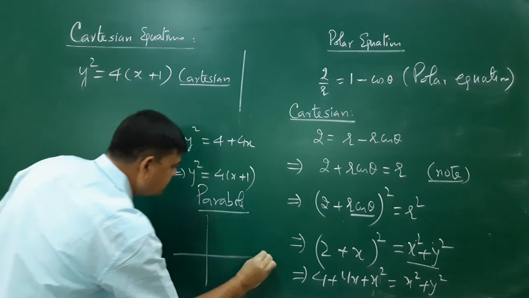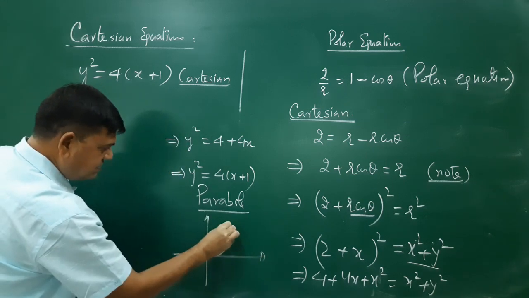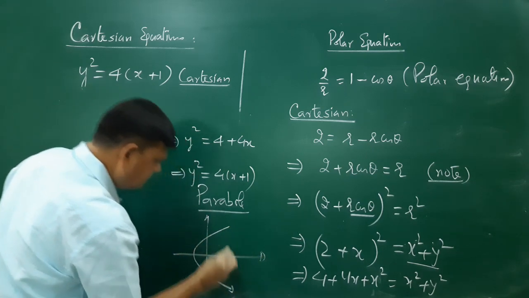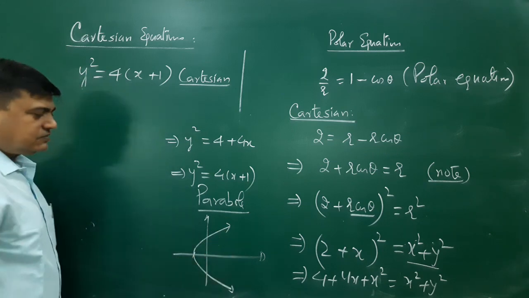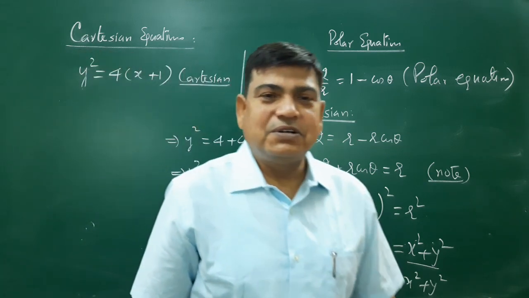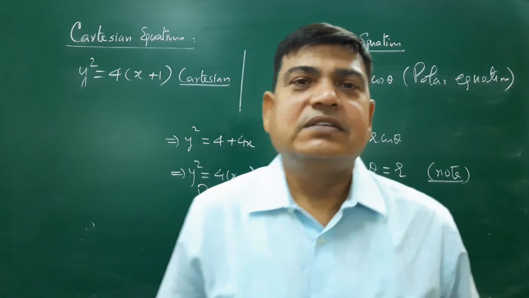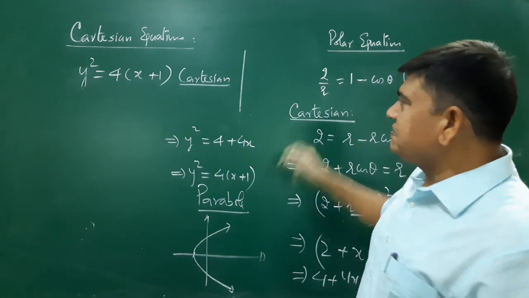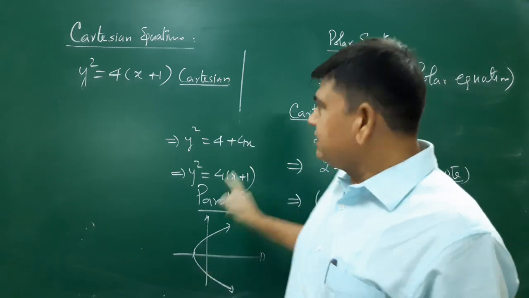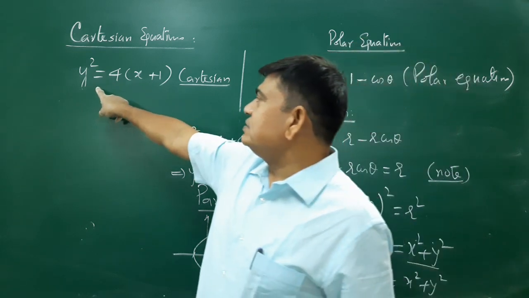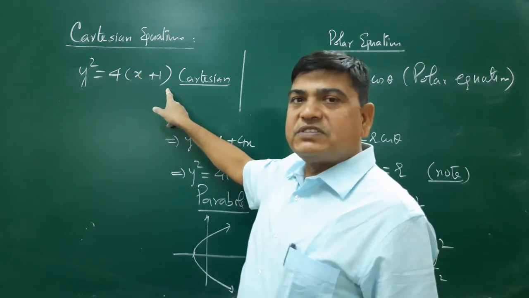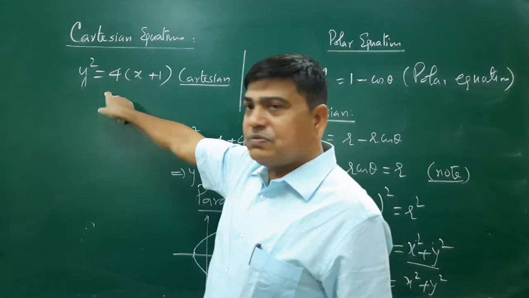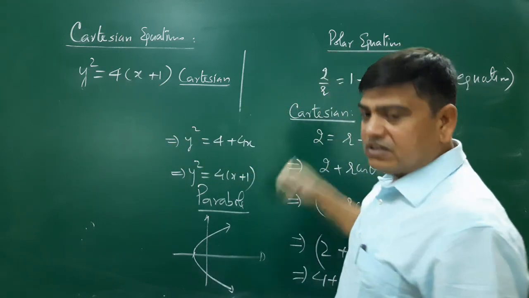And you know the graph of this one? Here it is. So this is the way to identify the equation. This is the polar equation of the parabola whose Cartesian equation is y square equals 4 times (x plus 1). If the Cartesian equation is given, then this is the polar equation.